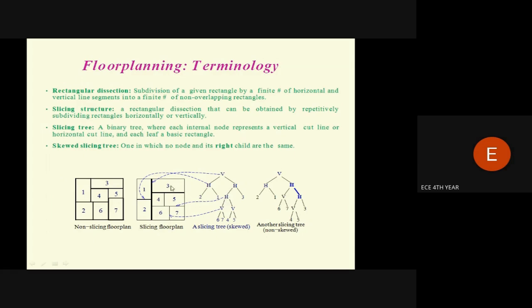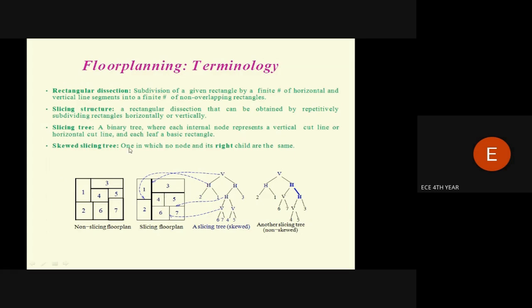And that H is again having one vertical line. This H is having 3 and again another H. This H is having another vertical line.